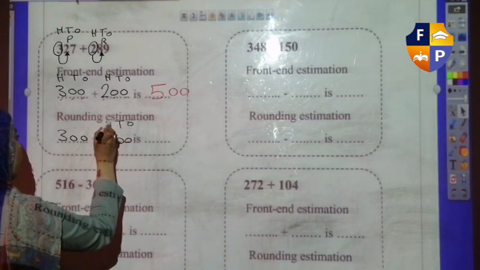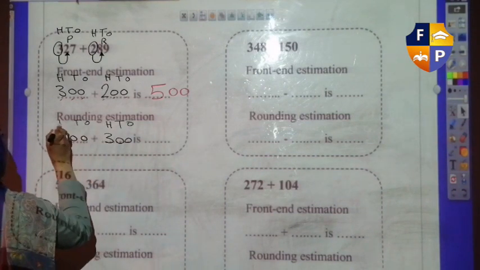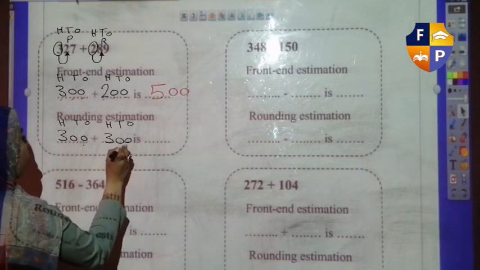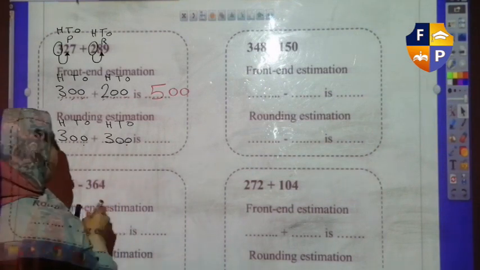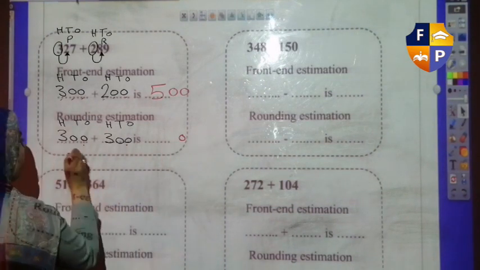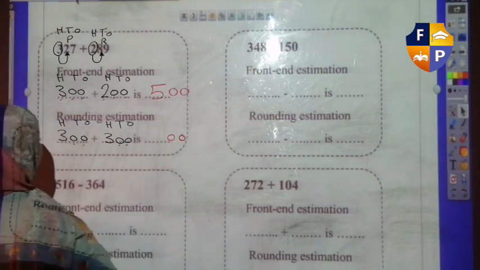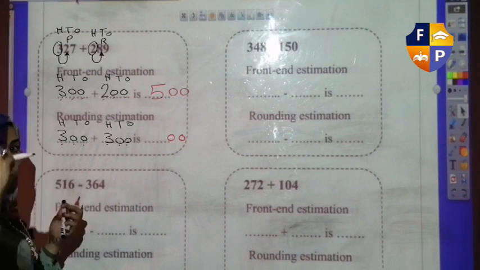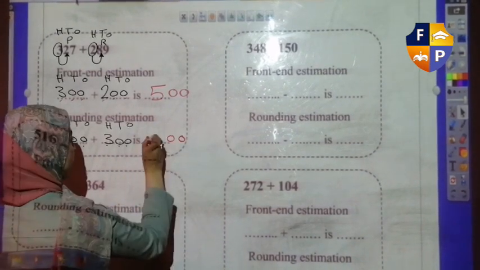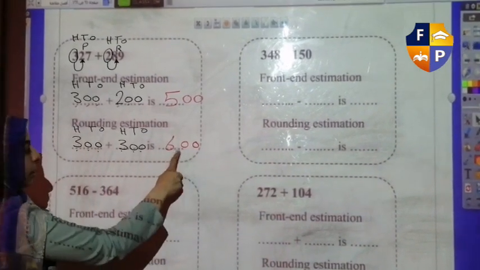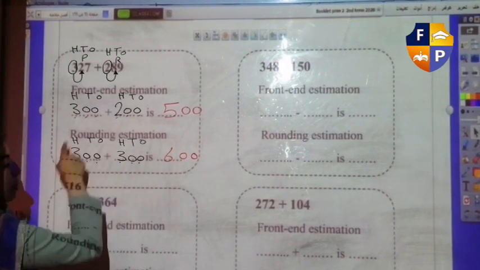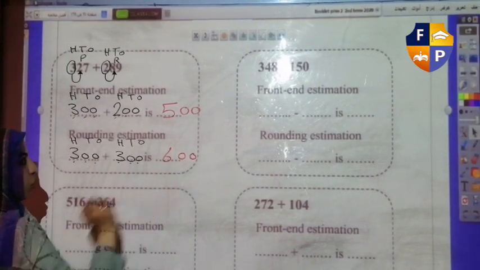Ones, tens, hundreds, then ones, tens, hundreds. I will start with ones. 0 plus 0 equals 0. 0 plus 0 equals 0. And 3 plus 3, after 3, 4, 5, 6. So the estimated sum from the rounding estimation strategy is 600.